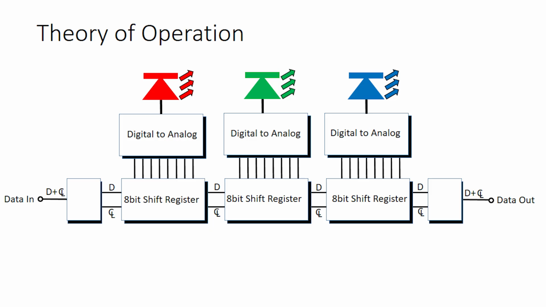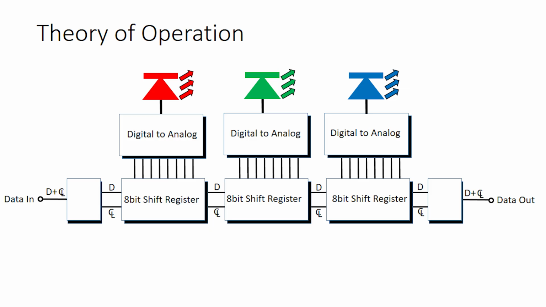The parallel will get read by the digital to analog converters, and that'll give me the voltage to drive the LED. And so the LED will be driven more or less depending on what the input to the shift registers is. The one trick about it is that I've only got one wire for data in and one wire for data out.